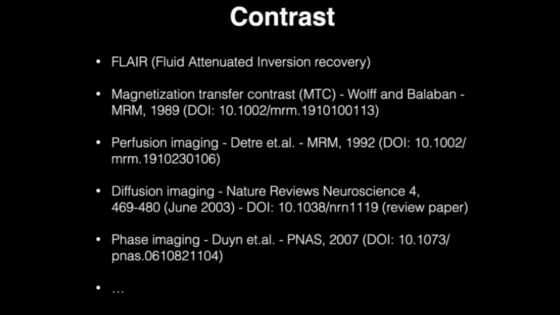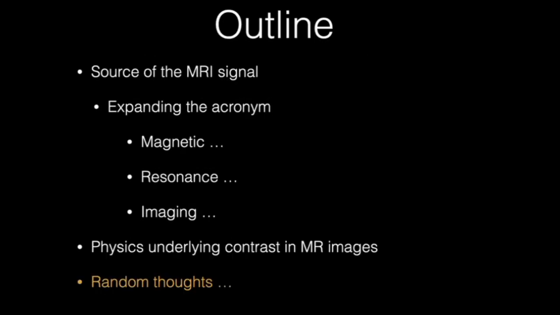So there is FLAIR, ionization transfer, perfusion, diffusion, and a few others I didn't get on here. But suffice it to say, there's a lot you can do with the physics, and you can get some very, very pretty images out of it. And hopefully useful. Okay. Any questions?